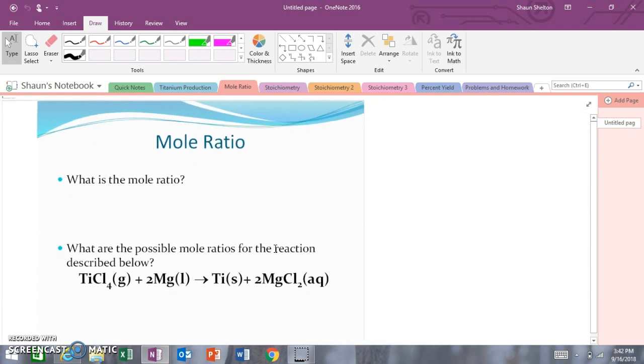So the first question that we're going to answer is, what is a mole ratio? Alright, let's answer the question, what is a mole ratio?